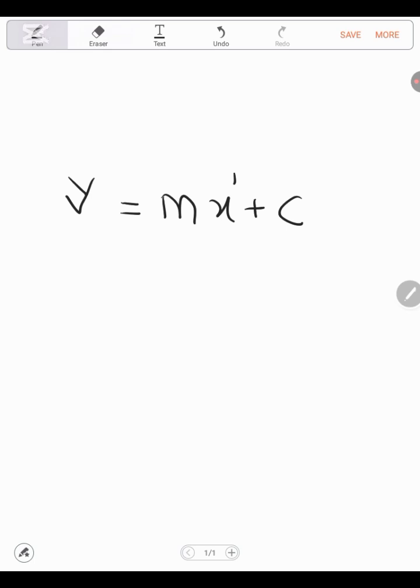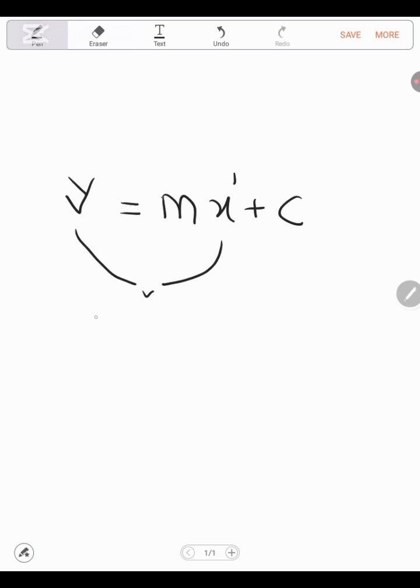And if this variable x has any other power greater than 1, then it would be a curve and not a straight line. Now the other thing is, what are the different variables in this equation? This y and this x, basically what are they?